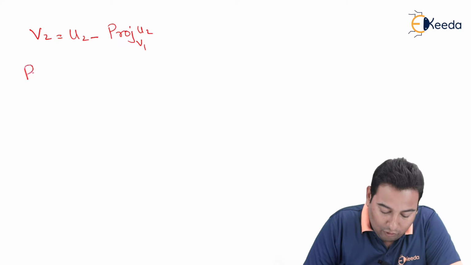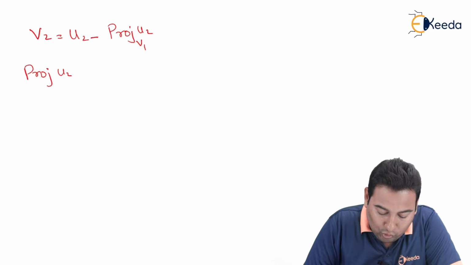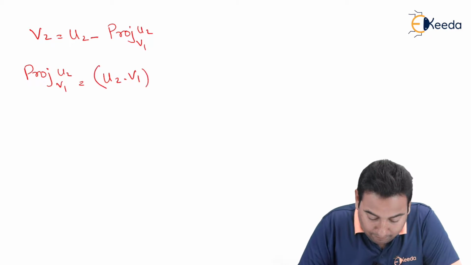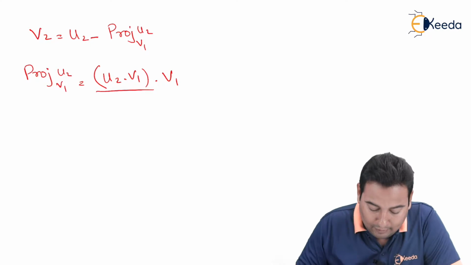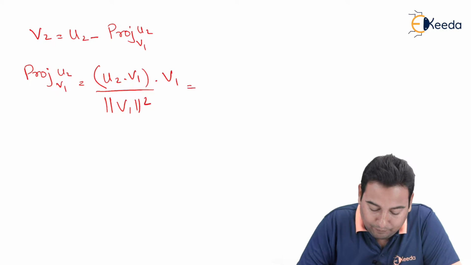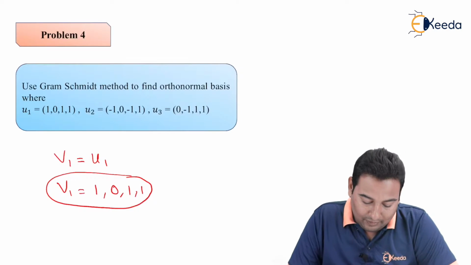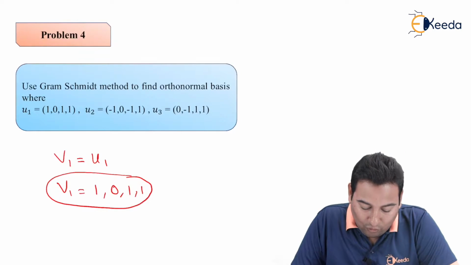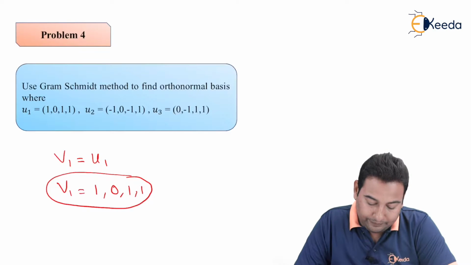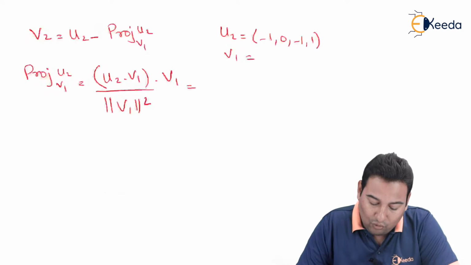Here we need to find the projection of u2 on v1, that is u2 dot v1 upon the norm of v1, the whole square. u2 is -1 0 -1 1 and v1 is 1 0 1 1.